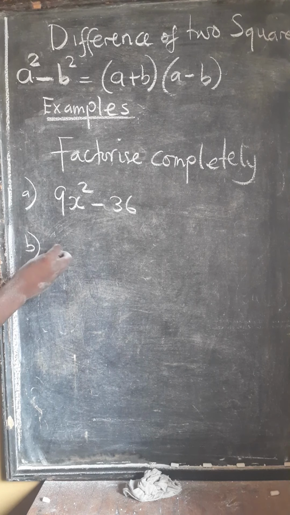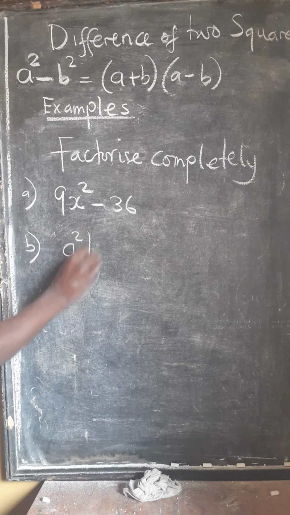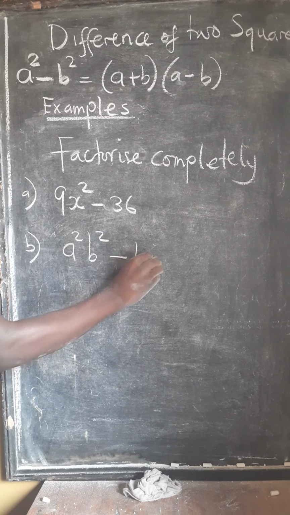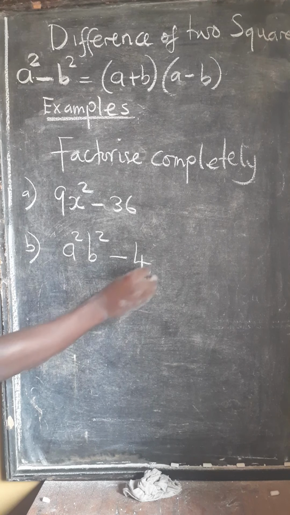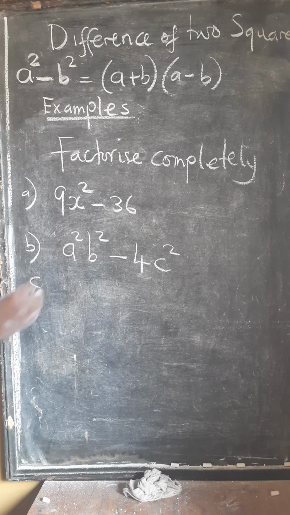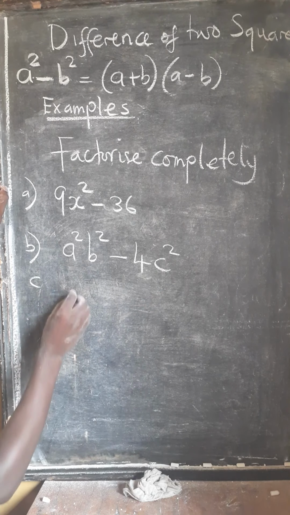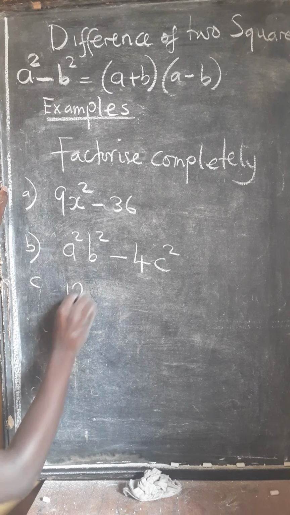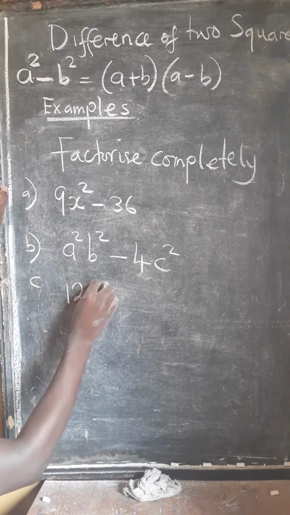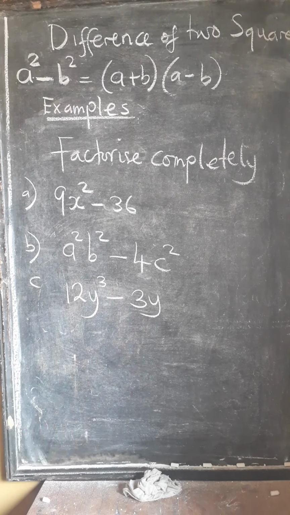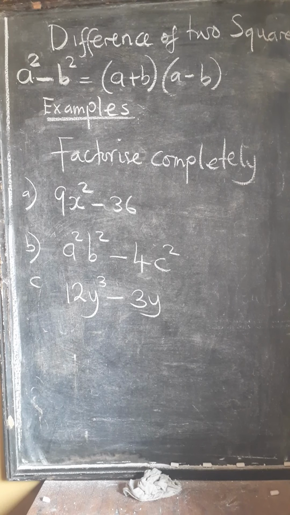B, C should have 12y cubed minus 3y. Okay.